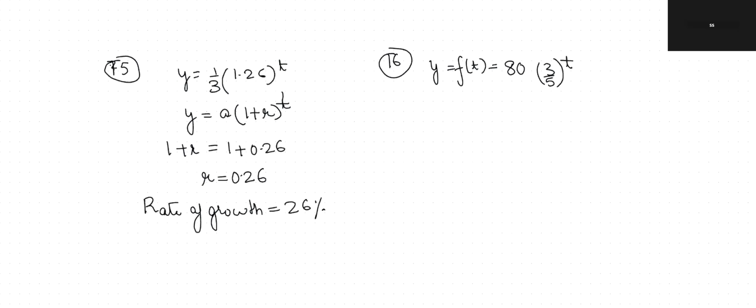So in this case, we see that this is less than 1. 3 by 5 is less than 1. So as the t increases, because the denominator increases, this ratio will decrease. So we can put y is equal to a times (1 minus r) to the power t. And 1 minus r is less than 1. So this is a decay. And decay factor is 1 minus r.